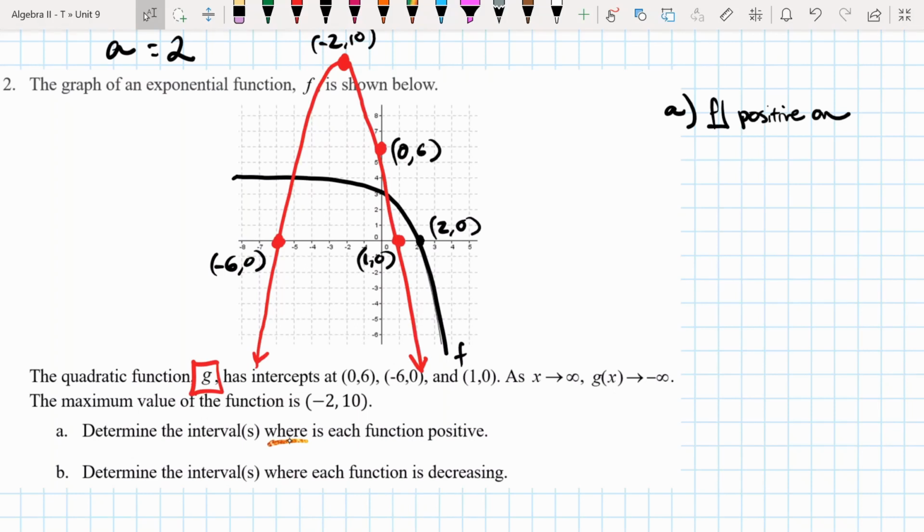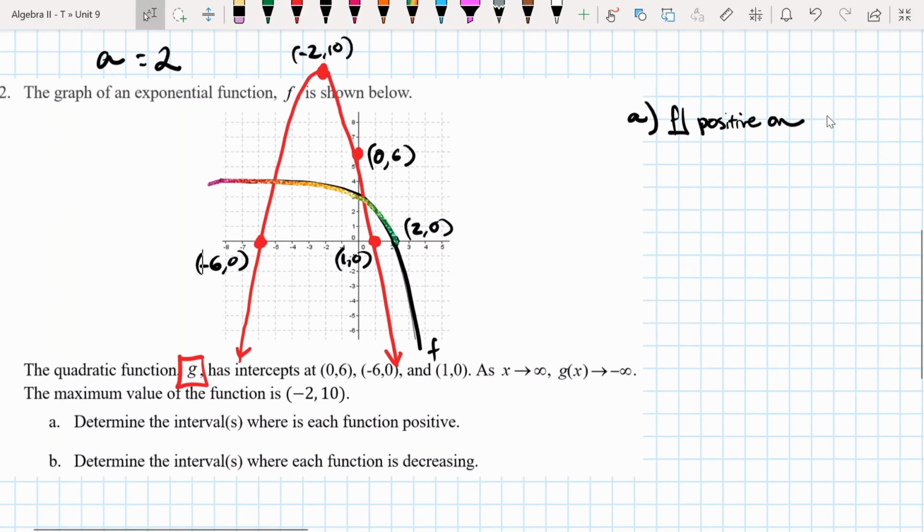So f is positive when it is above the x-axis. So we want to think, what are the x values where f is above the x-axis? Well, it's above the x-axis here. And the way we're going to represent the x values there is on the interval negative infinity to 2, because that's the x value here where it stops going above the x-axis.